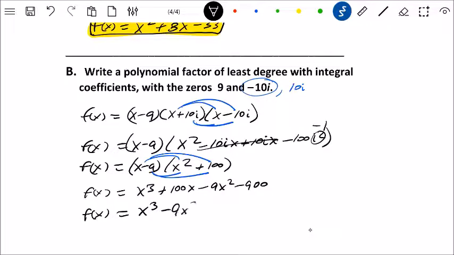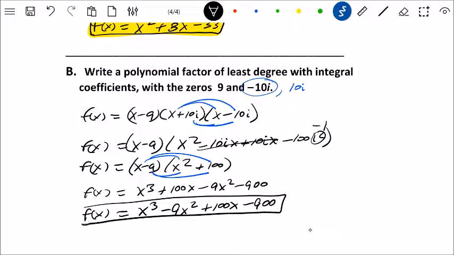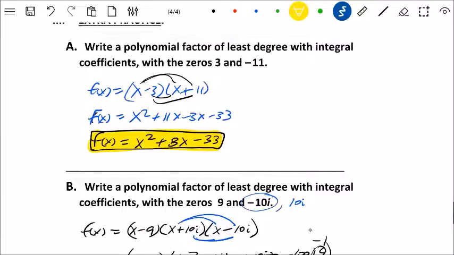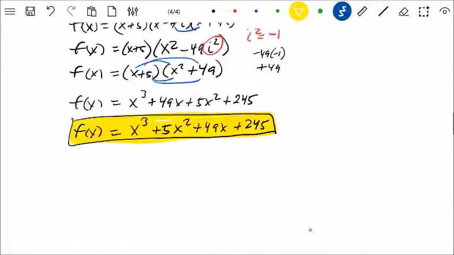So the negative 9x squared has to come next. Then the plus 100x. And finally the negative 900. Okay, very good. That's a number of examples to make sure that you are comfortable with doing this.